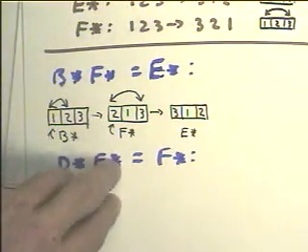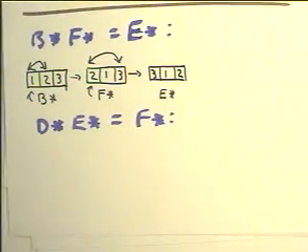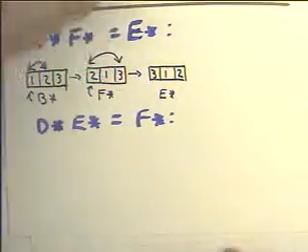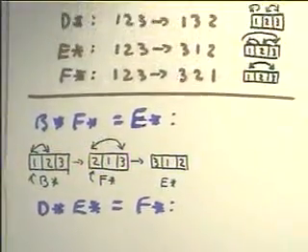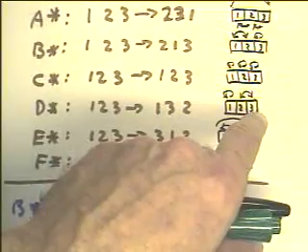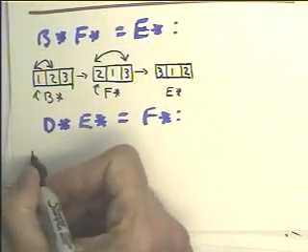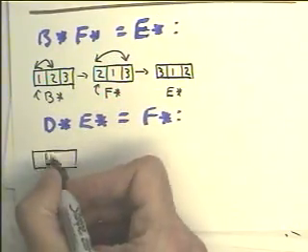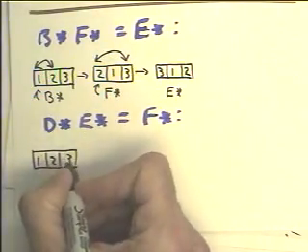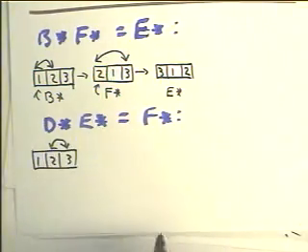Let's see if D star and E star actually give us F star. The way things are going here, I'll be surprised if it does. The D star is this transformation that switches the 2 and the 3. So let's draw a picture of a transformation that switches the 2 and the 3.